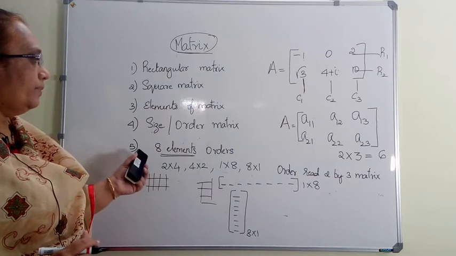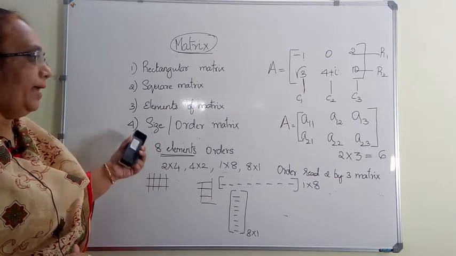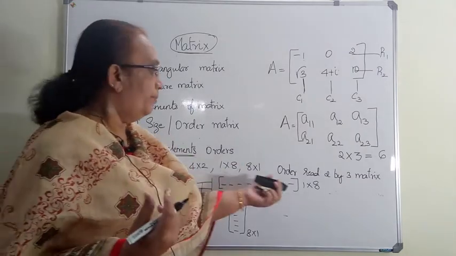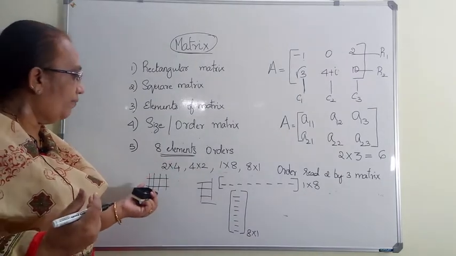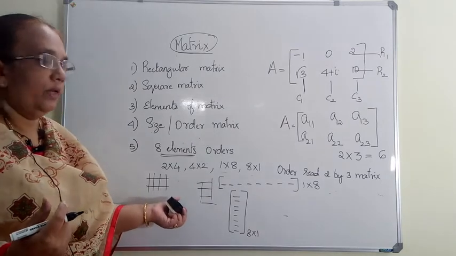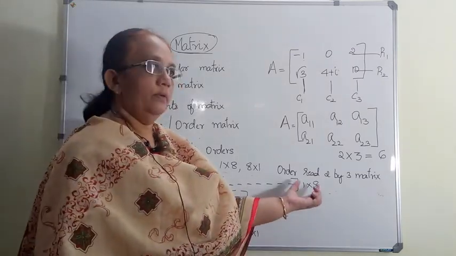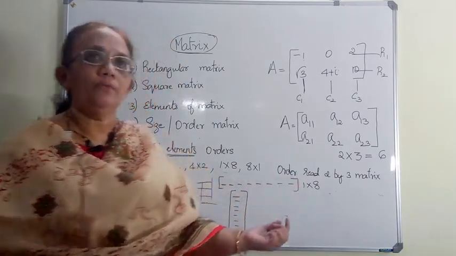So you have studied order or size of the matrix, elements of the matrix, and how you can create matrices when the order is given. This matrix has a particular name because it has only one row but any number of columns.